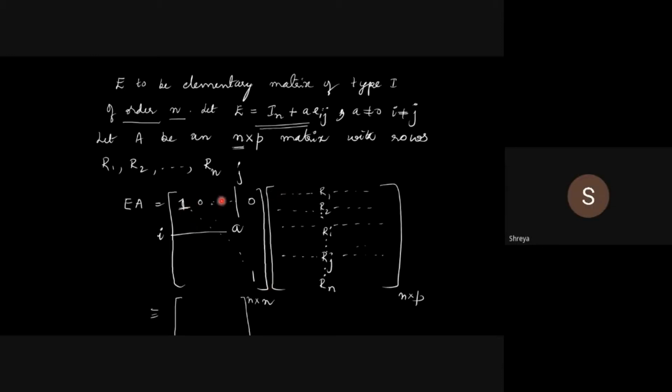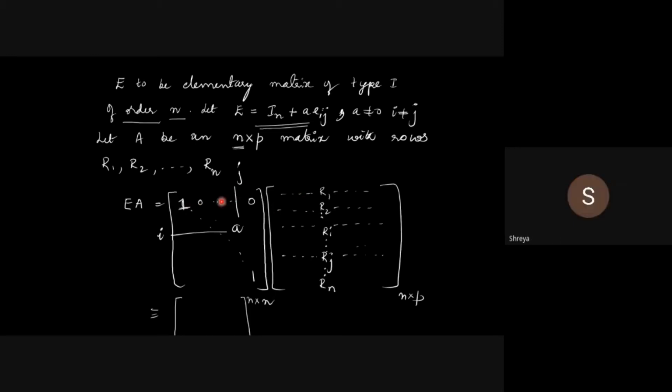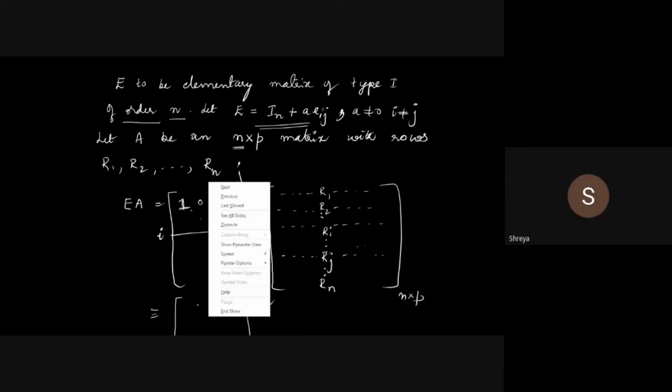The same row multiplied with another column: 1 gets multiplied with beta 1, 0 gets multiplied with beta 2, etc., plus 0 into beta n. So I would get beta 1 as the entry.